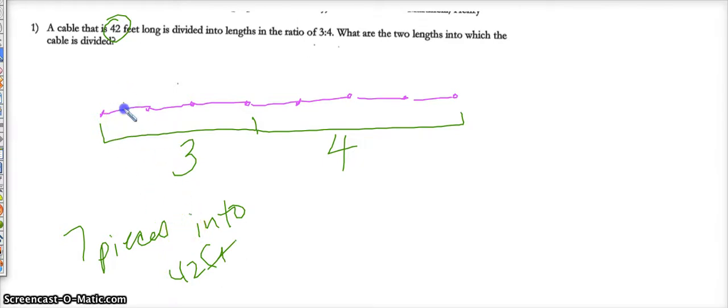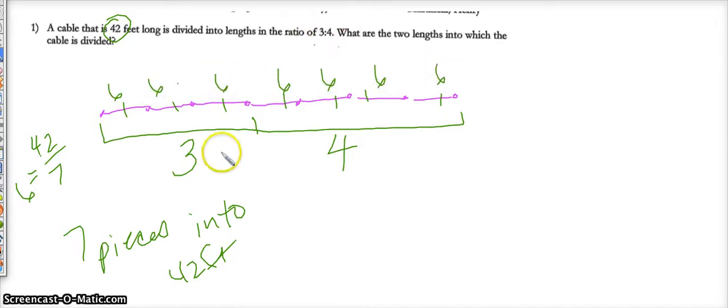You want to figure out the length of this one, this one, this one, and so on. Once we know that, we can figure out 3 times that and 4 times that. For those of you who say it's 6 feet, of course it is, because 42 divided by 7 is equal to 6. Each piece is 6 feet long.